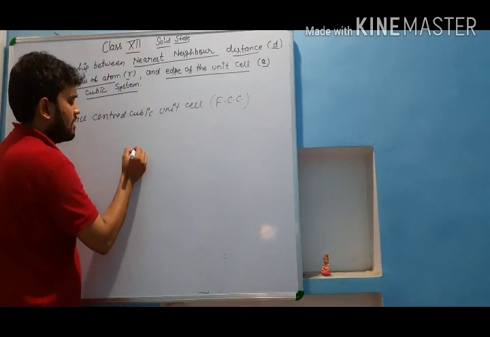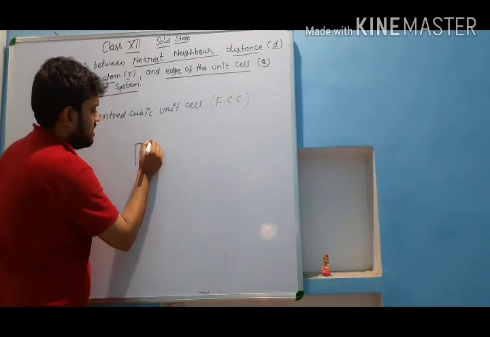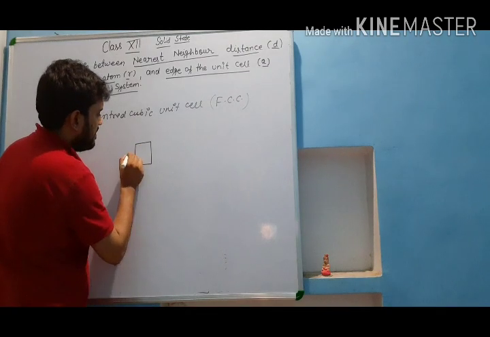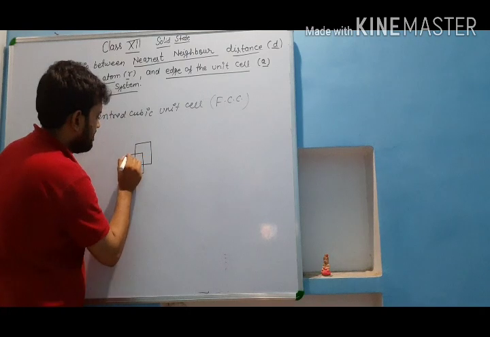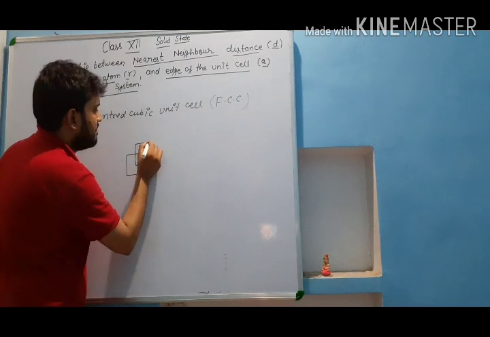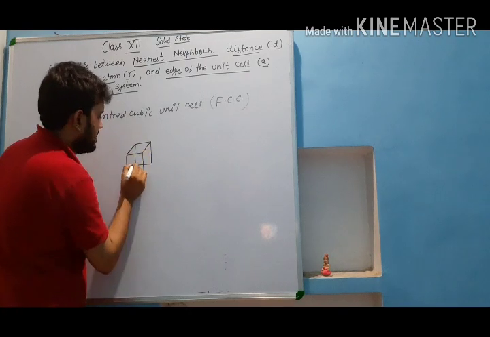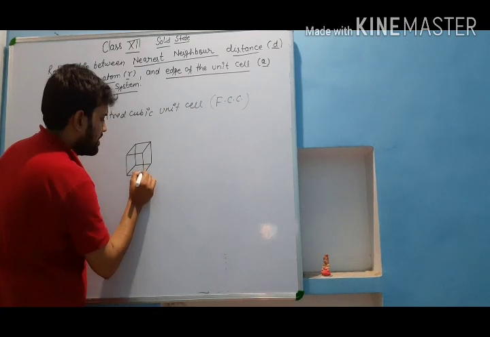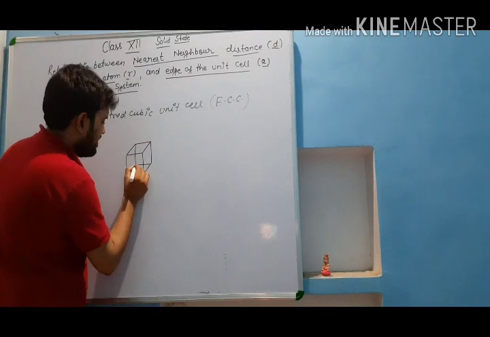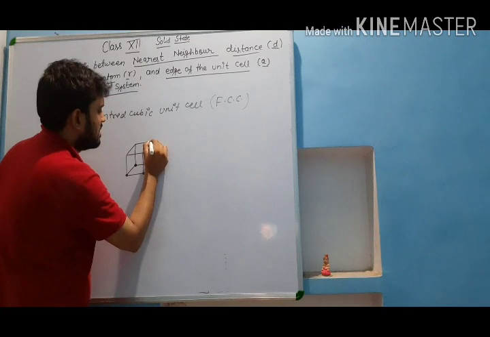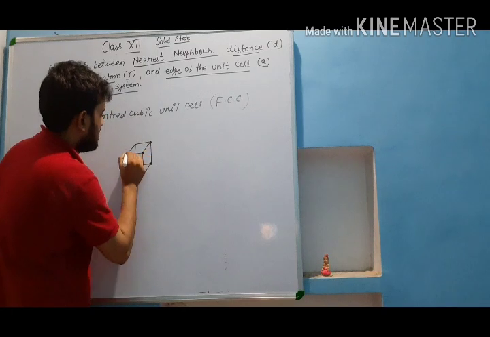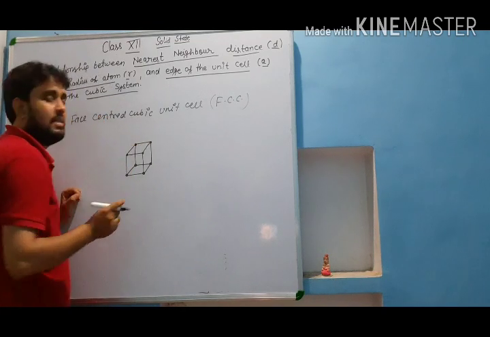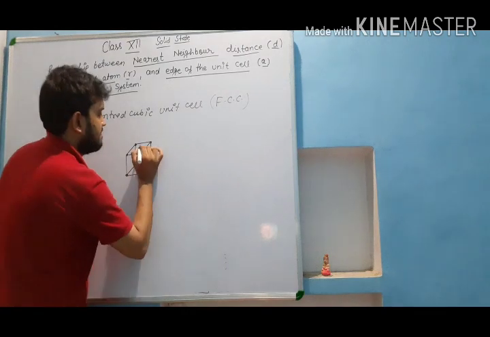Now we draw the structure of the face-centered cubic unit cell in which constituent particles are present at all corners as well as the center of each face.